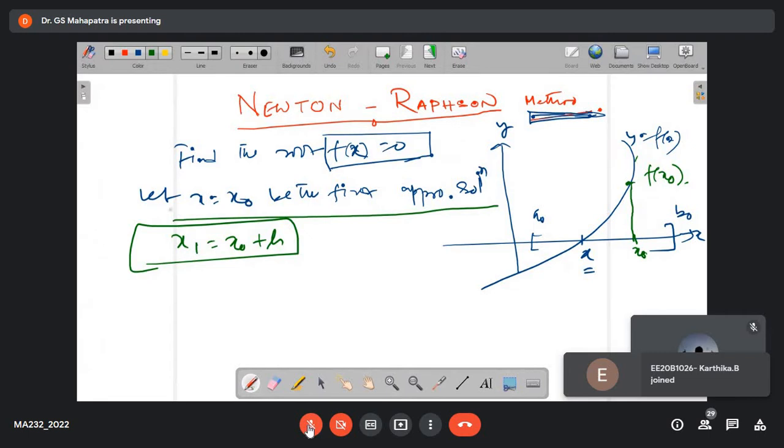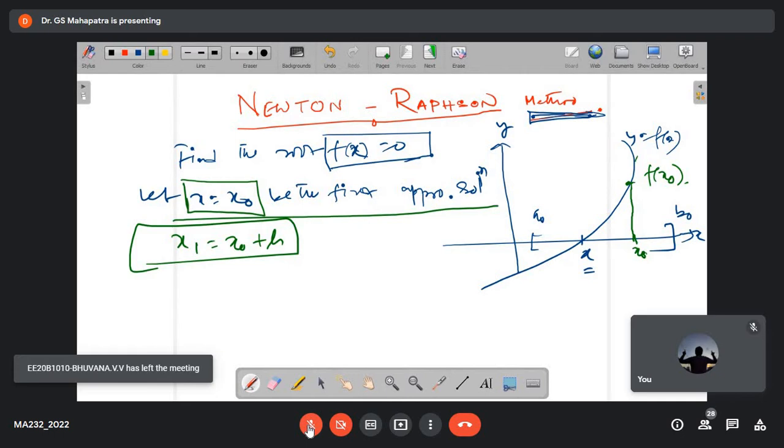If it is given that the initial approximation is x equals x0, then it is already given. Otherwise you have to consider one initial value x equals x0 for this method. And next is x1 equals x0 plus h.